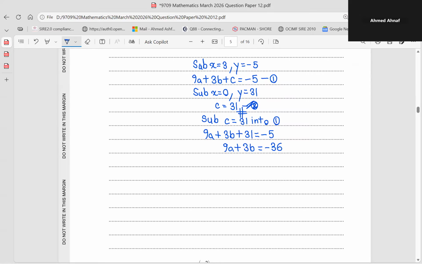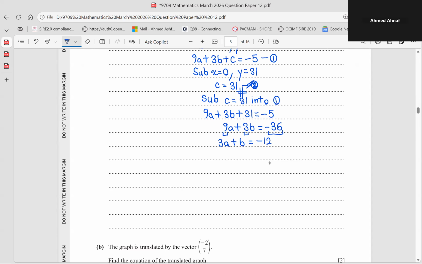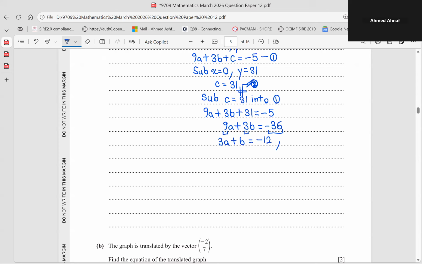We can simplify this further, since all the coefficients are multiples of 3. So we're just going to divide by 3 on both sides. You'll get 3a plus b equals -12. And to make it even simpler, we're going to make b the subject. It's just going to be b equals -12 minus 3a. So this is our second equation.